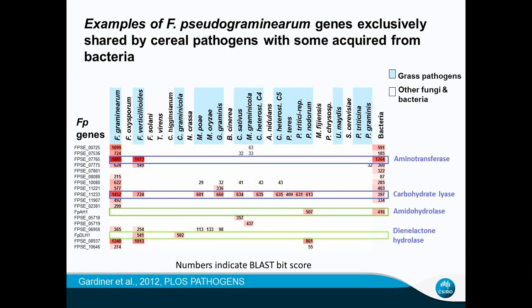What we are finding is that a number of Fusarium pseudograminearum genes have quite close BLAST matches with other cereal infecting pathogens.